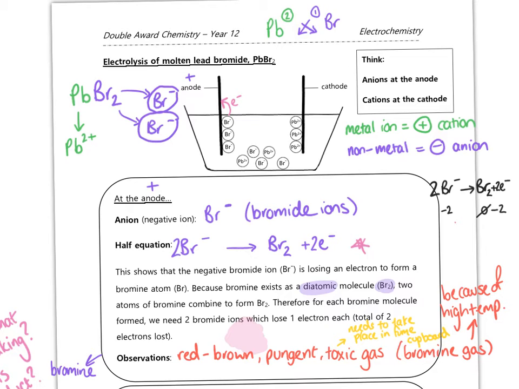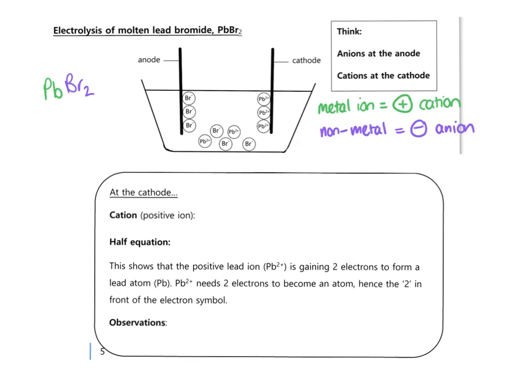Let's now move on to what happens at the cathode. So first of all, we need to remember that the cathode is negatively charged, and that will determine what is attracted to it. So remember that our lead bromide is made up of positive Pb2+ lead ions and our negatively charged bromide ions, which we've already discussed, were attracted to the anode because the anode is positively charged.